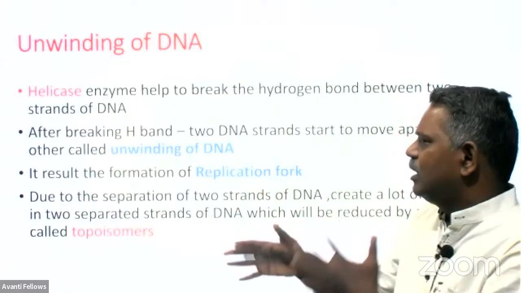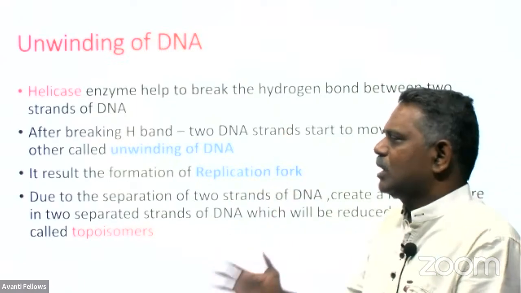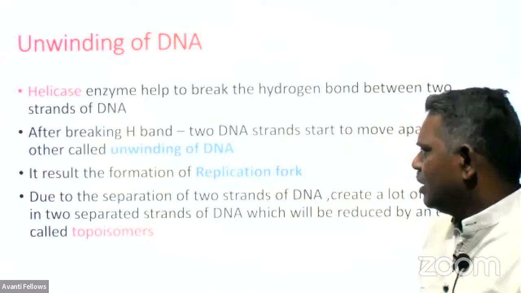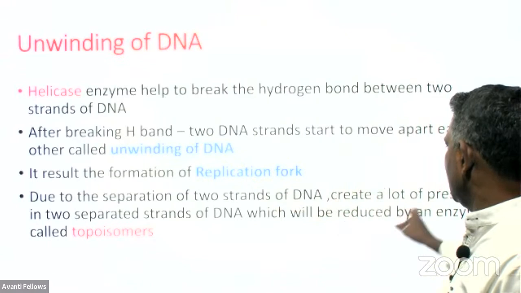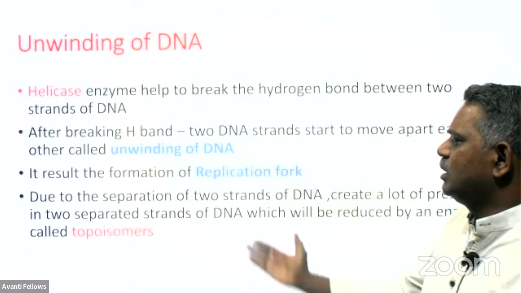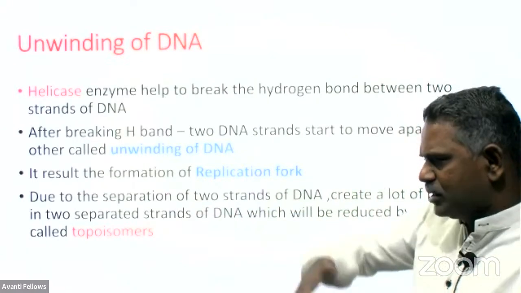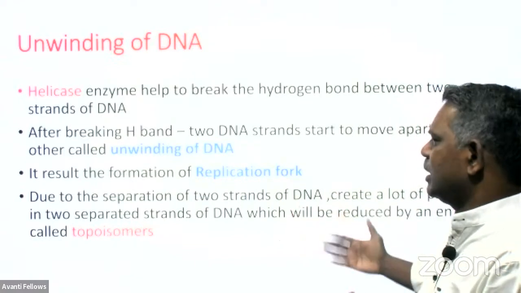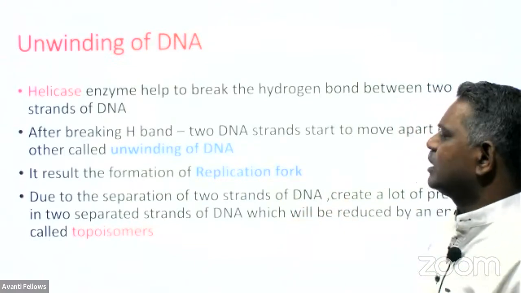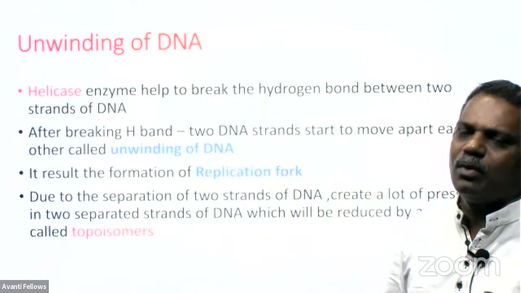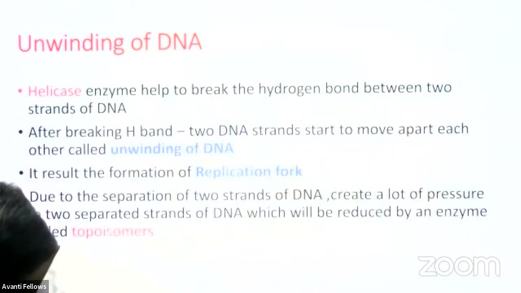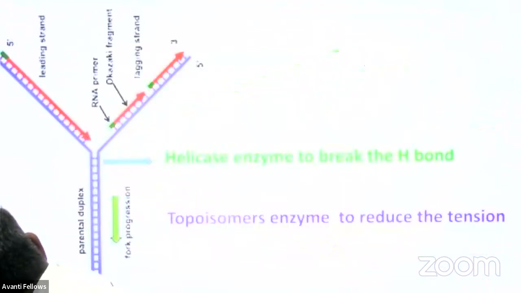If it is in between, it produces replication bubbles. Due to the separation of these two strands of DNA, a lot of pressure is created in the other area. Whenever they separate, a lot of pressure is created in another area, which can be reduced by another enzyme called topoisomerase. We'll show you one slide here.